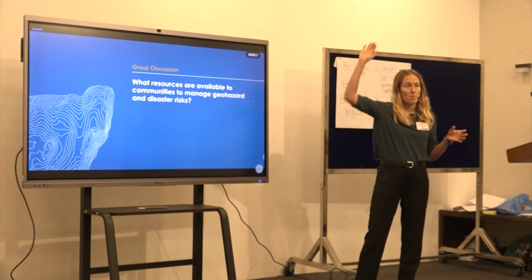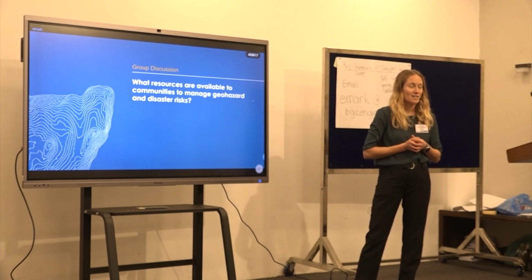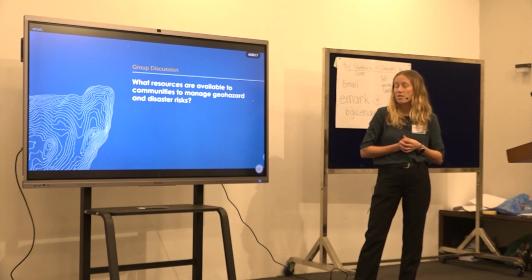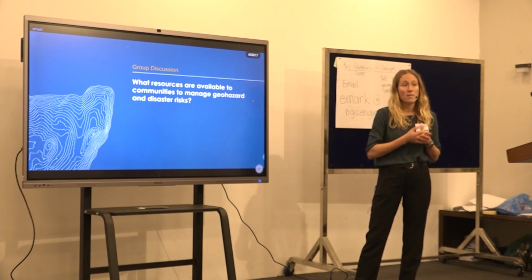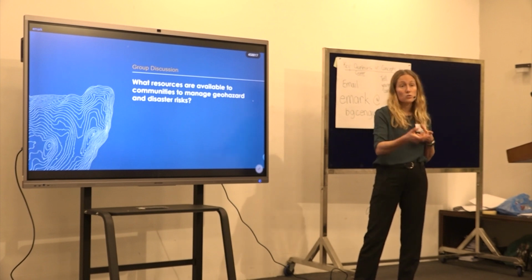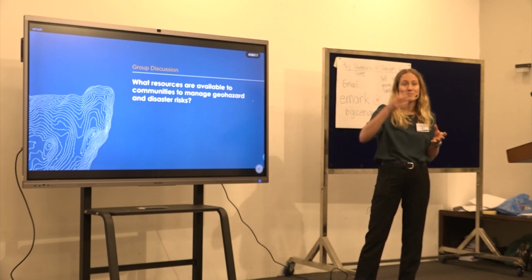Feel free to put a hand up. I can start the list maybe. Resources that might be available are things like, what budget does that community have? How much of their money is available for maintenance or for building new structures? What other resources might a community have?